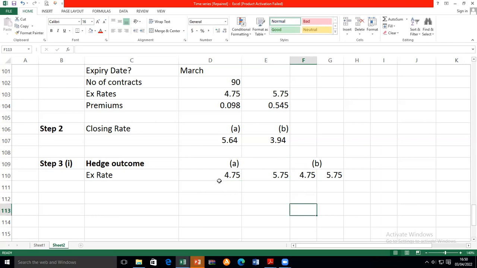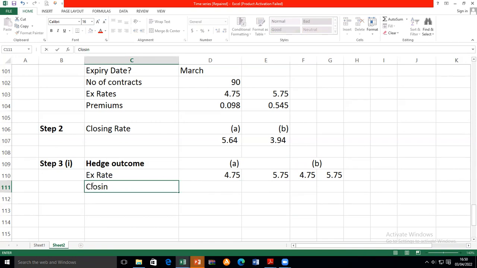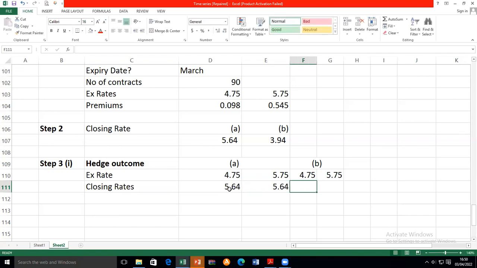There we go. So these are the exercise rates that we have. What are the closing rates? Closing rates. Under scenario A is 5.64. Under scenario B, 3.94.